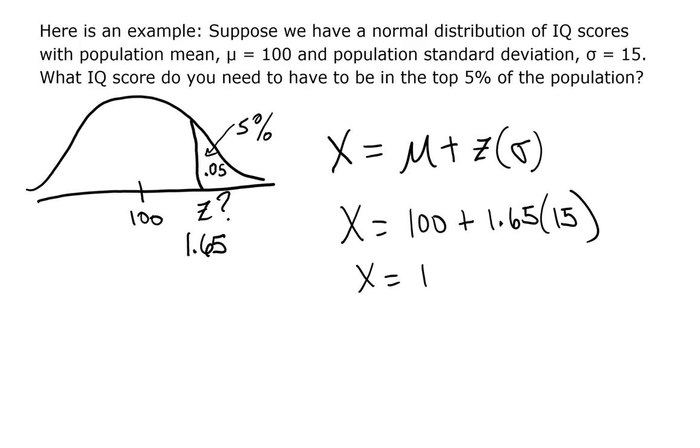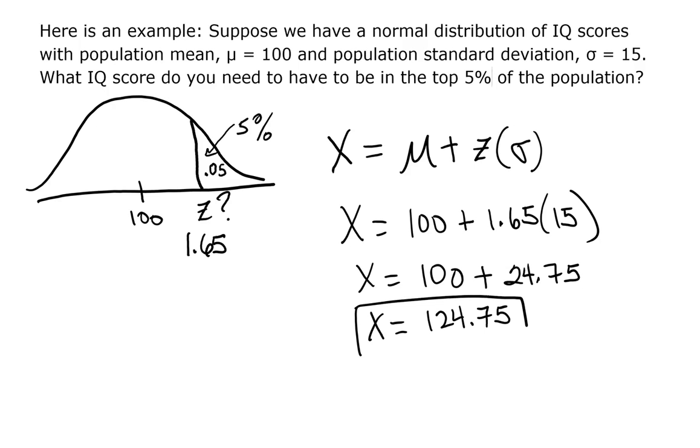So x is equal to 100 plus 24.75. So the IQ score that we need to have is 124.75. So that is the lowest IQ score that would put us in the top 5% of the population. And that is our final answer.